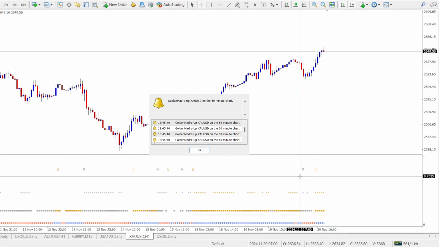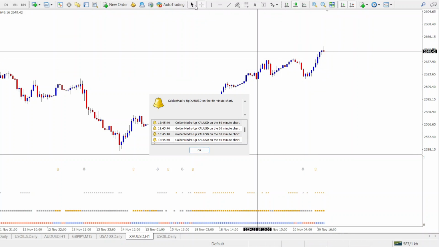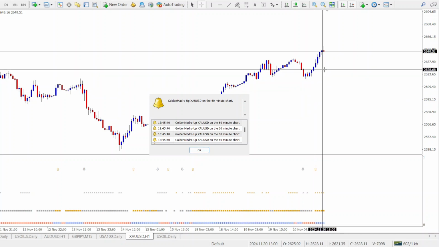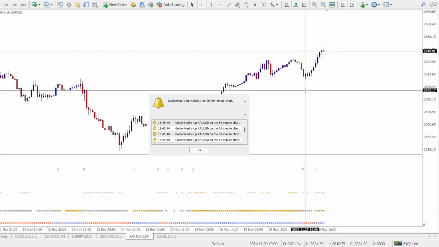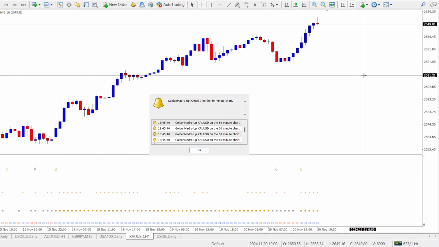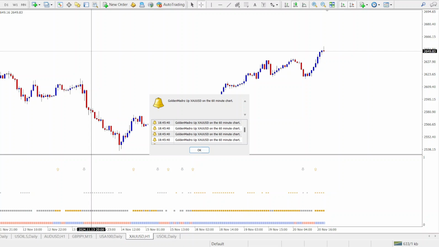When you get your arrow, you can confirm with chart patterns. If you get a bullish signal, check if you're going to see any bullish candlestick pattern before you go ahead to enter a buy. If you get a sell signal, check if you're going to see any bearish candlestick pattern before you go ahead and sell. And then I'm going to recommend that you combine the moving average, depending on the time frame that you are trading on.